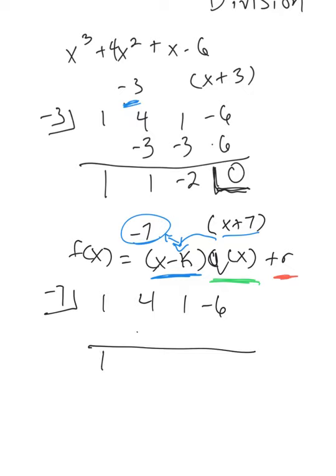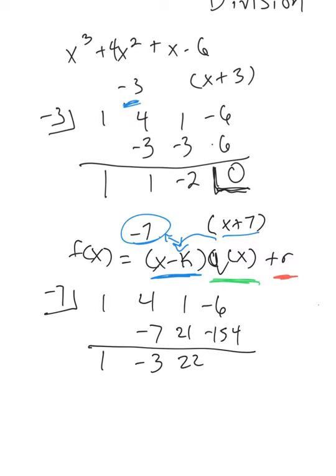So 1, we have -7, add: -3. -3 times -7 is 21, then we have 22. 22 times -7 is -154.